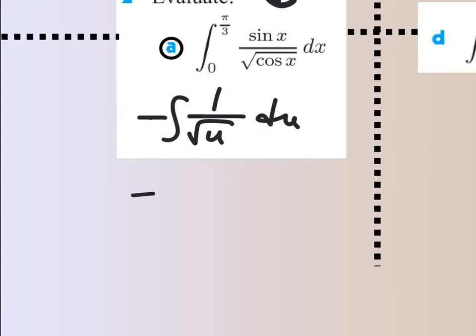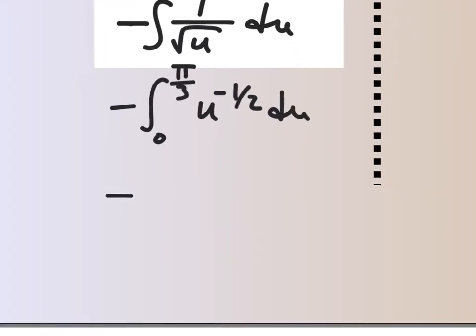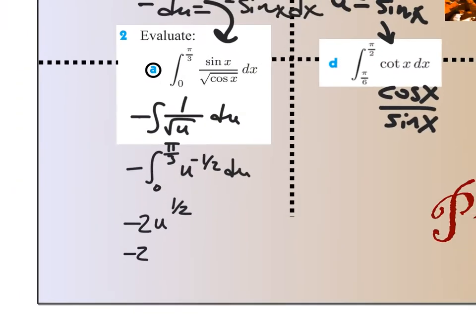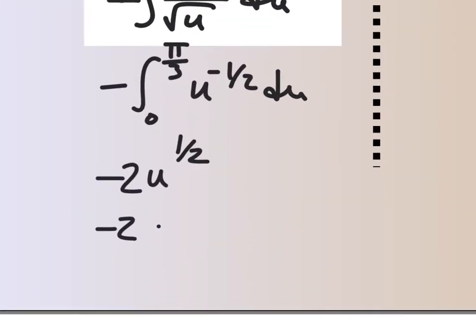So that would be the same as the integral from 0 to pi over 3 of u to the negative 1/2 du. Okay, so that would be negative u to the 1/2 times 2. So u again at the start was cosine x, and that's going to be the square root of cosine x, right?